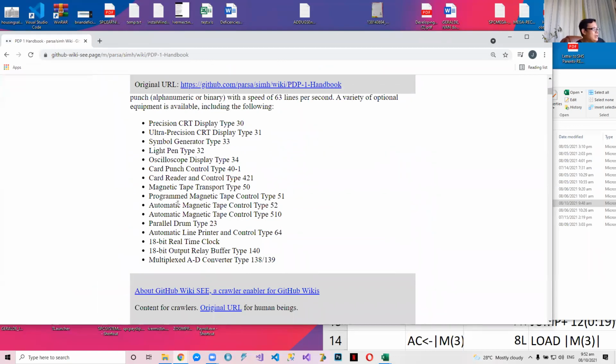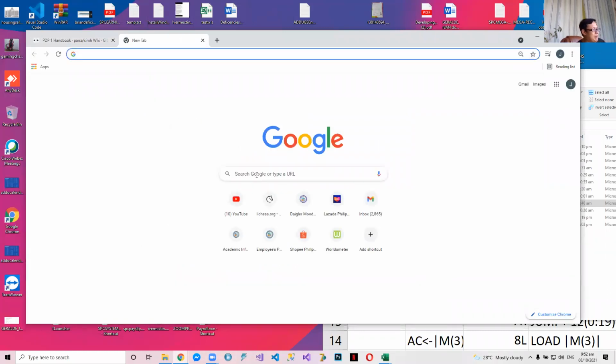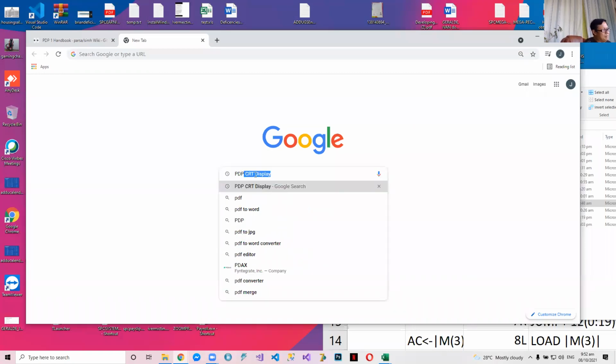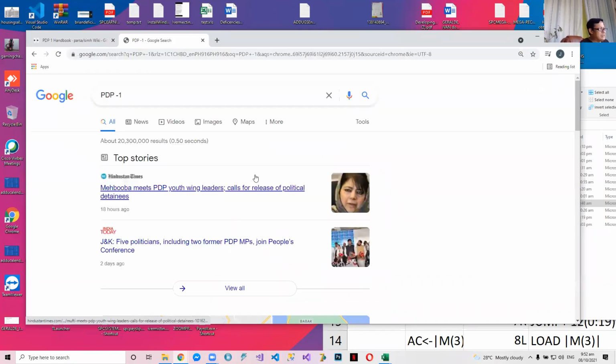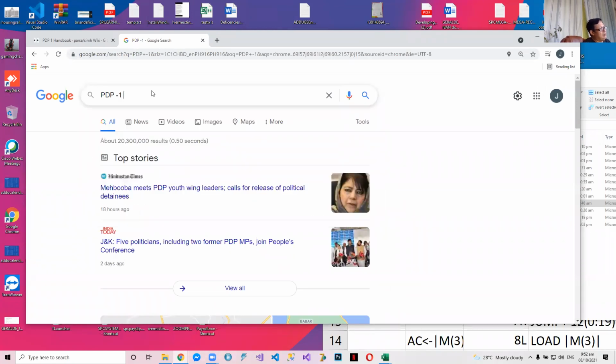The PDP-1 is almost the same as the IAS, except that there's a lot of improvement. First, it has a CRT display, which means that it has a TV-like display. Let's look at PDP-1. It already has a TV. What's this? PDP-1 computing.